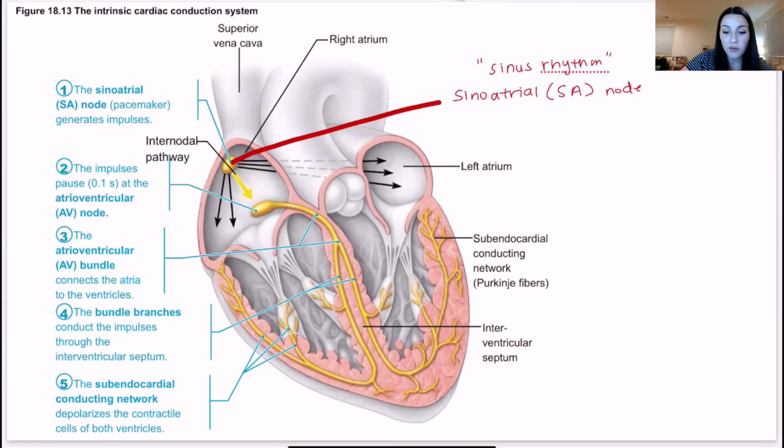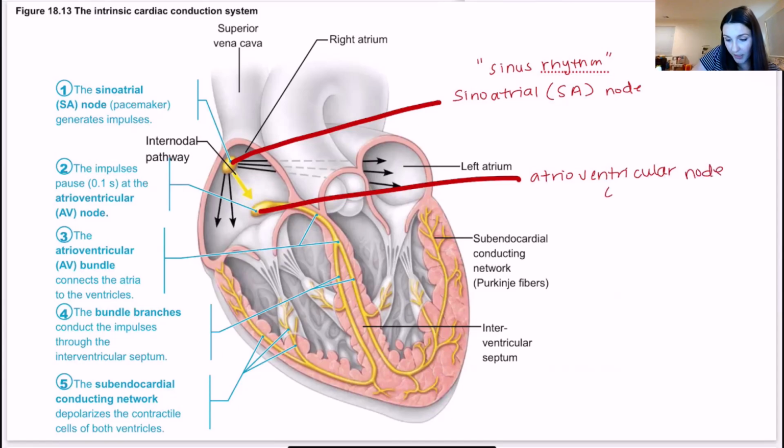But there's also another place that our pacemaker cells like to live. This one's called the AV node, the atrioventricular node. Atrioventricular because it's still in the right atrium, but it's close to the ventricle, so the AV node.